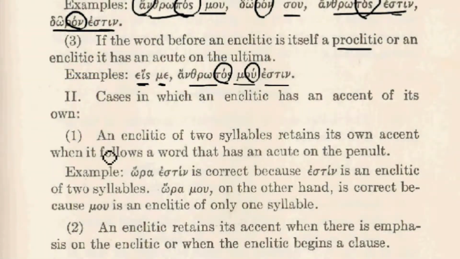Next situation is just a little bit different. Here we have hora estin. Hora estin. This now is a two-syllable enclitic following a word that has an acute on the penult. And in this situation, with a two-syllable enclitic only, we're going to throw in an additional accent on the enclitic word.